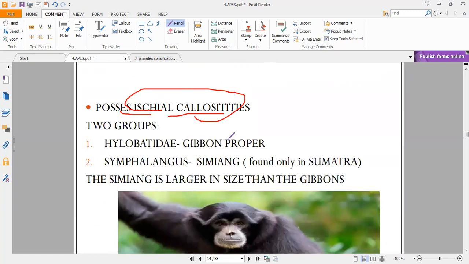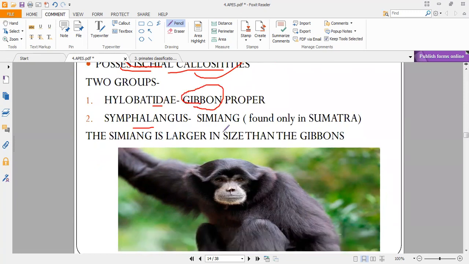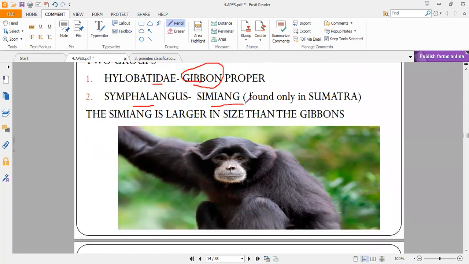If you try to classify them into two groups, one is Hylobatidae, and one is Symphalangus. Overall, you can classify them as gibbon. But there is another relative that has come out recently. We call them siamang. They look like this. They are not proper gibbons actually, but we are trying to put them with the gibbon.